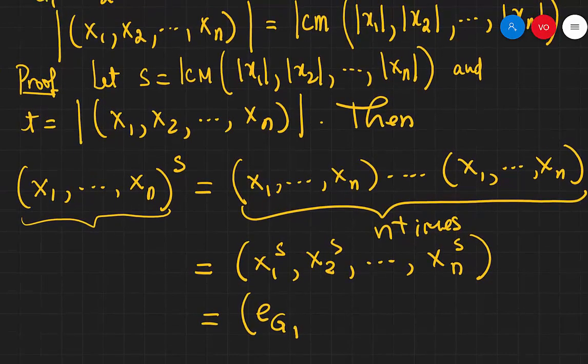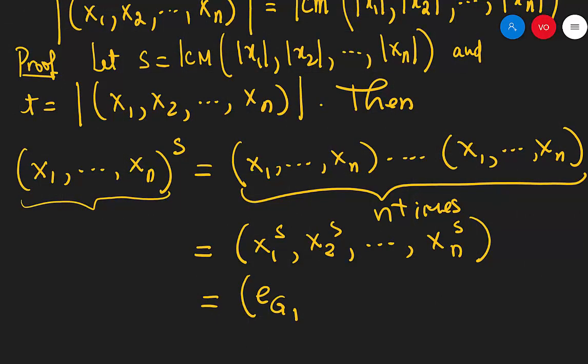Because S is the least common multiple, it's a multiple of all of these orders. So this will be the identity in G1, this will be the identity in G2, and this will be the identity in Gn. Very good.